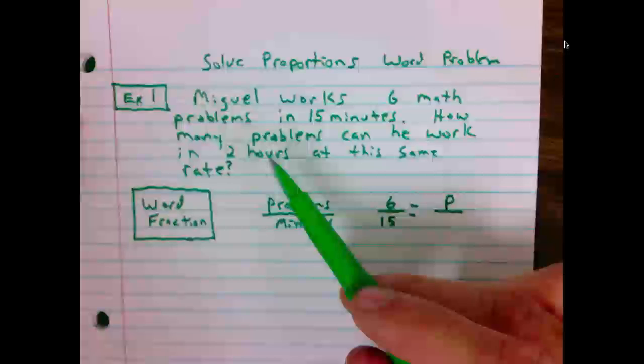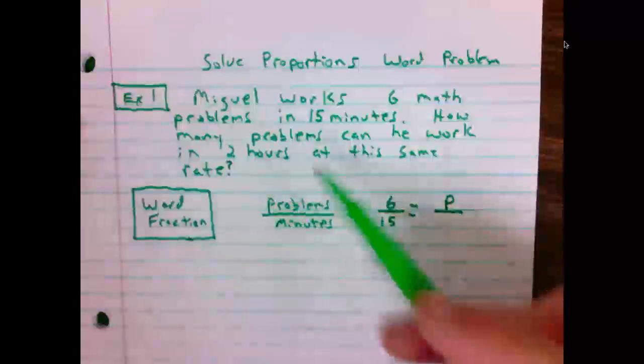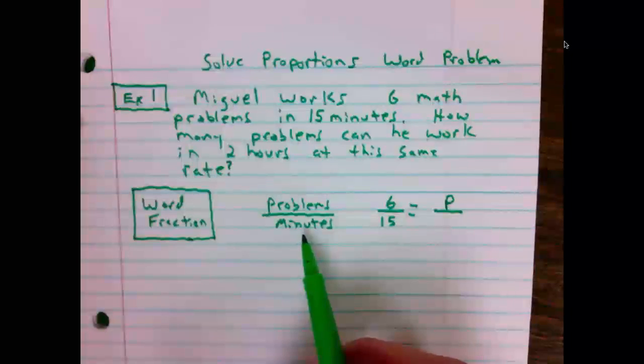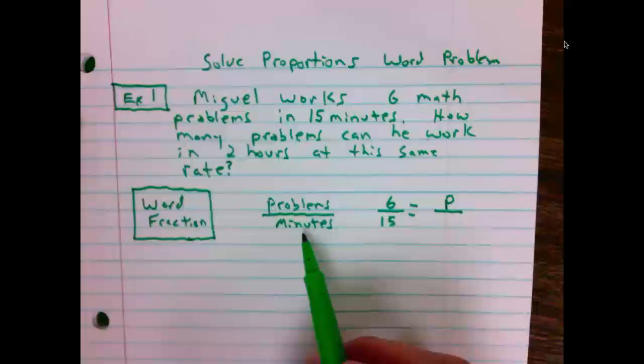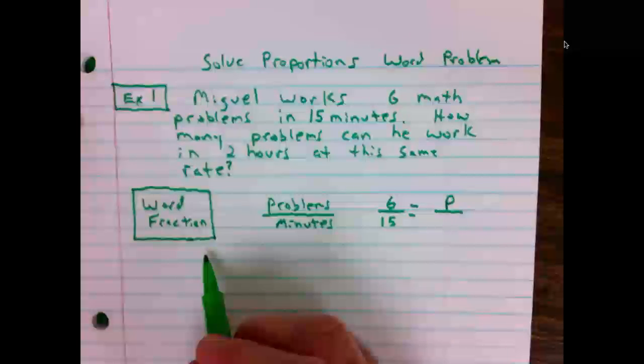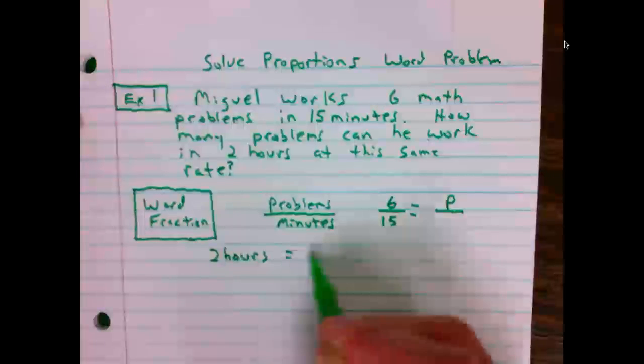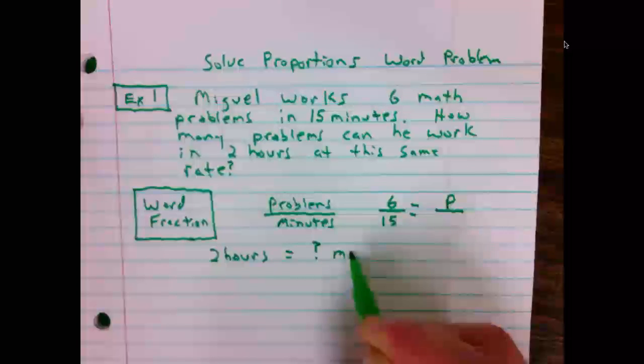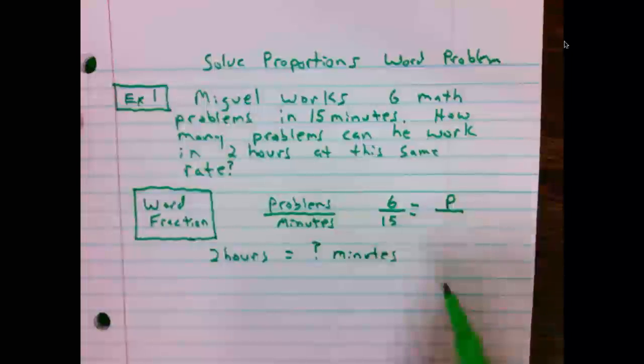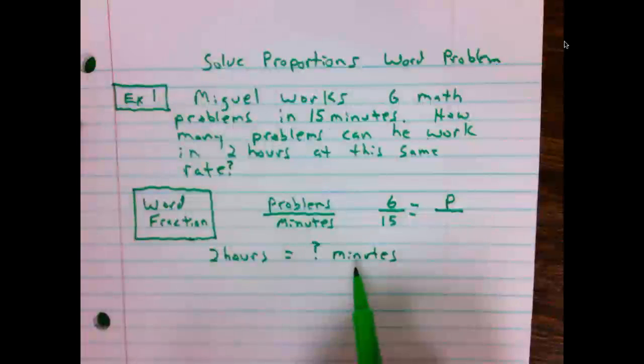In the denominator, it says how many problems can he work in 2 hours? Well, remember, our other quantity is minutes, so we must take this 2 hours and convert to minutes. So 2 hours equals how many minutes? Well, hopefully you know that there are 60 minutes in 1 hour.